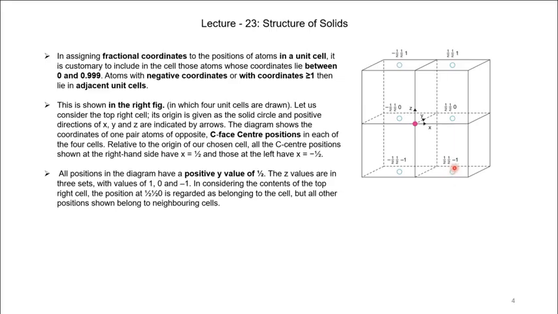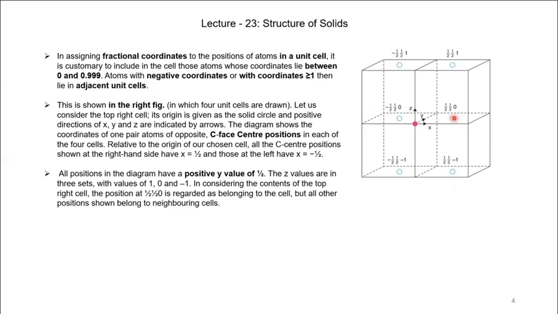So the x direction is here, the positive direction of x, and the negative direction is here. And z direction over here is the positive direction, and over here is the negative direction of z. And then this is the y direction, this is the positive direction, and this is the negative direction.